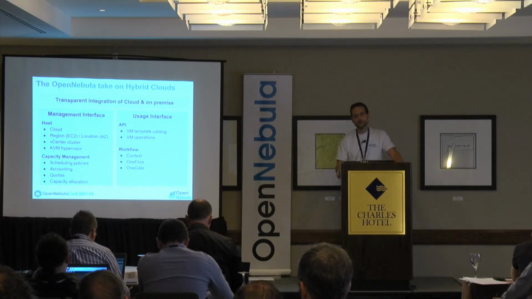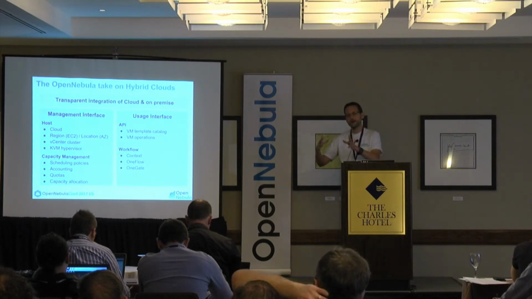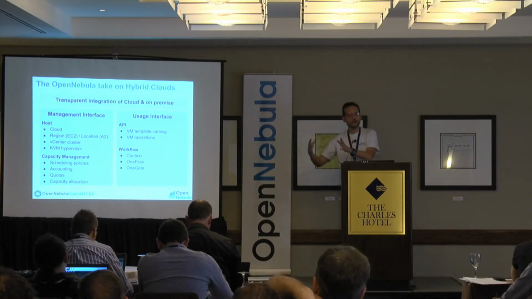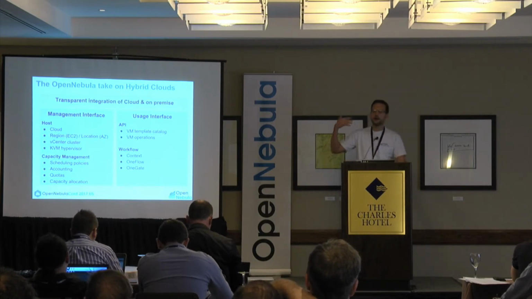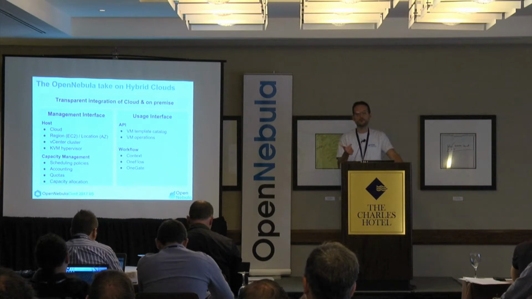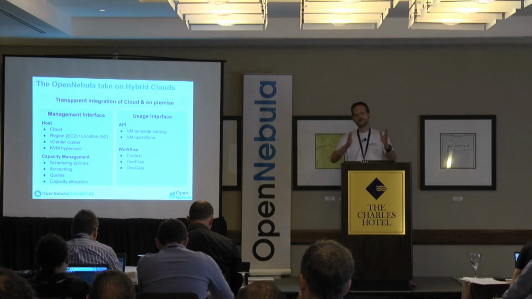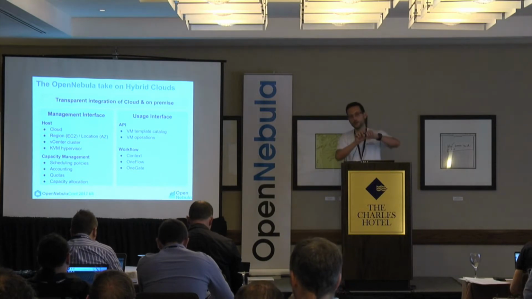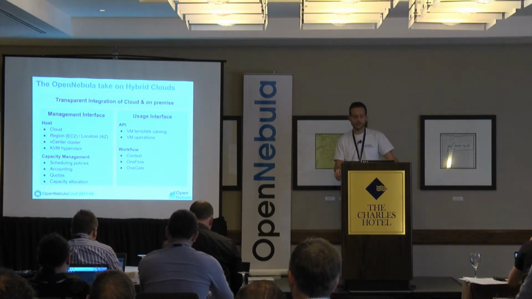You can impose quotas, so you can force people to offload only a certain amount of VMs to the external provider. And you can fine-tune the capacity allocation you want to do on the external clouds, on your local hypervisors, and so on. So the management layer is really uniform across those different technologies to spin up virtual machines.